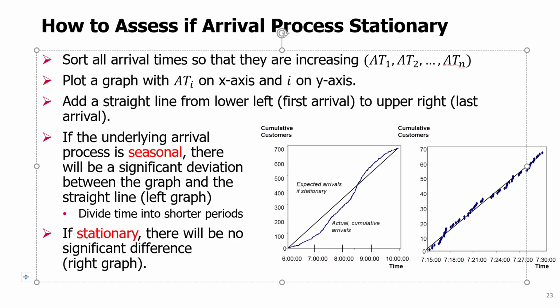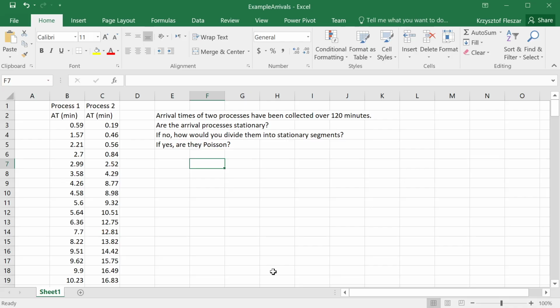Let me actually show you an example of this. I have here data for two processes, so this is like two cases, process 1 arrival times and process 2 arrival times. And the question is, are these arrival times stationary?